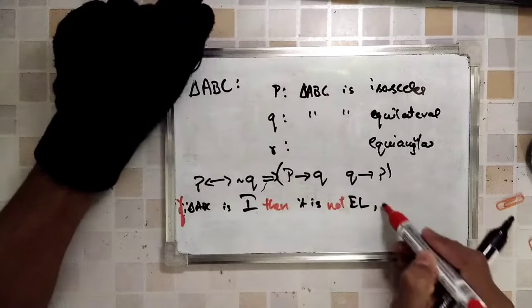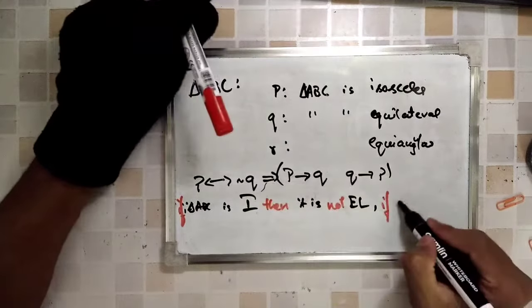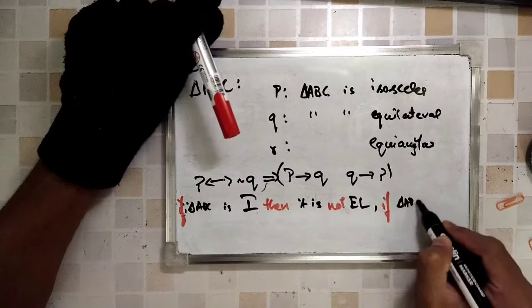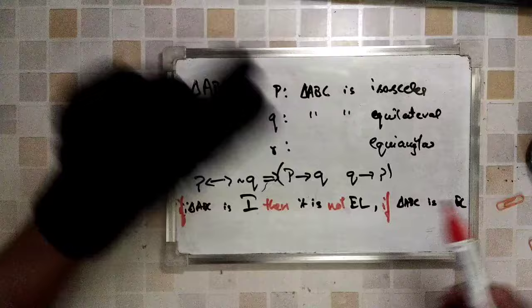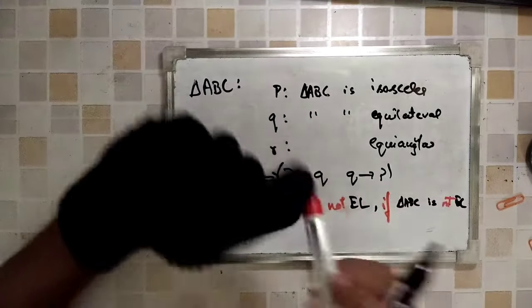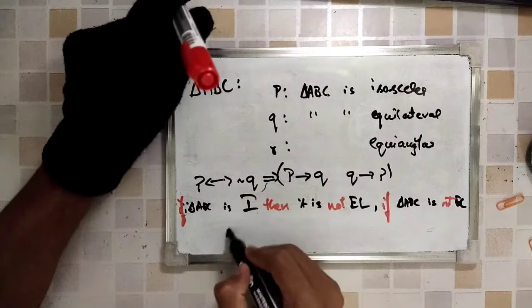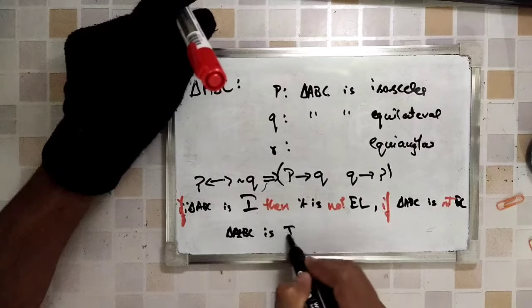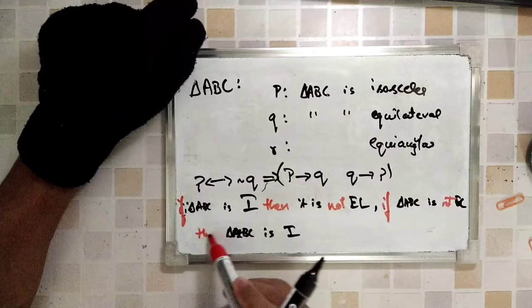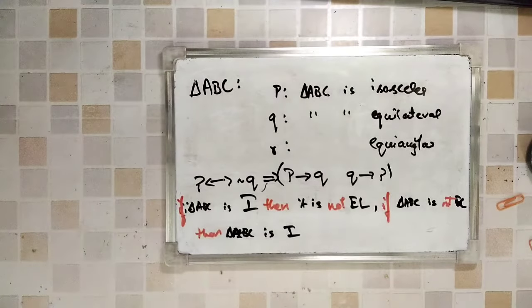If triangle ABC is not equilateral, same thing, you have to just write the opposite, then triangle ABC is isosceles. You understood, right? If triangle ABC is isosceles, then it is not equilateral.